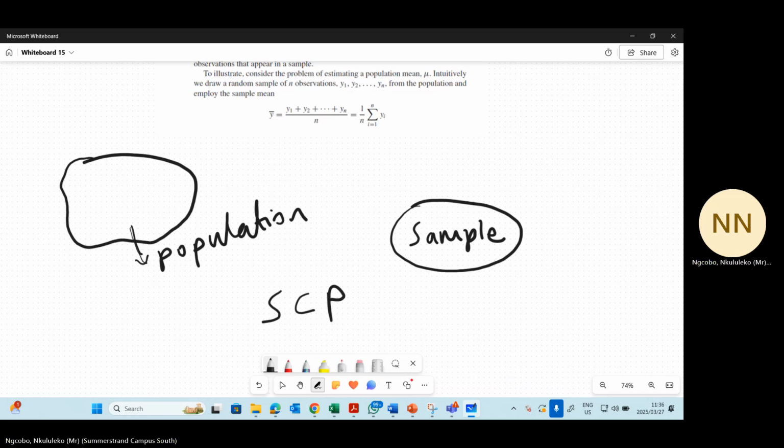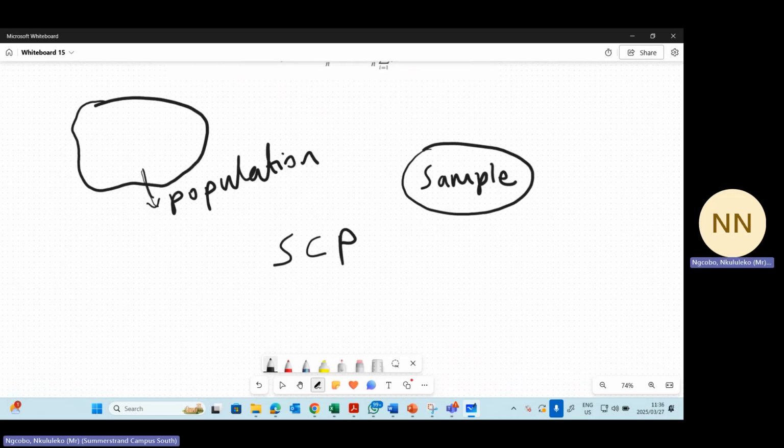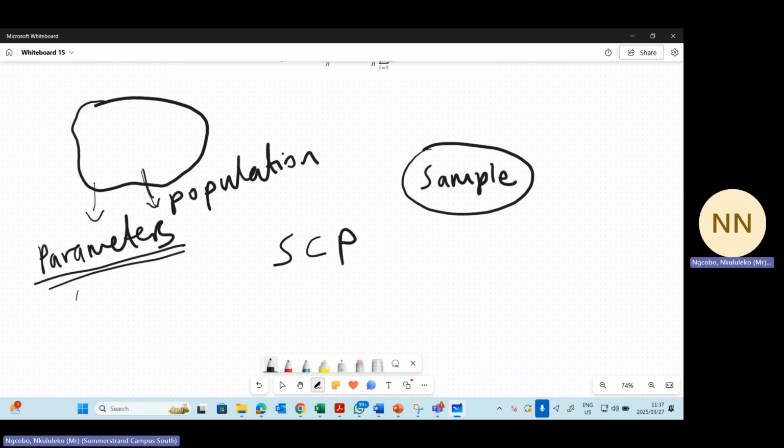And from chapter 1, you'll remember that everything calculated based on the population is referred to as a parameter, right? So your parameters could be mu, your variance, or your proportion. And from a sample, we'll recall that everything calculated based on a sample is referred to as a statistic.